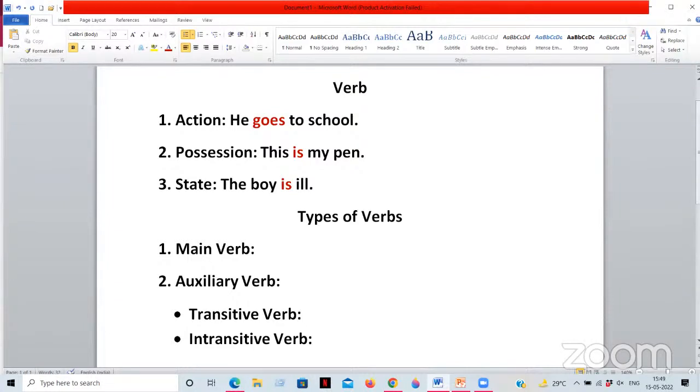Is it clear? Now let me write an example.